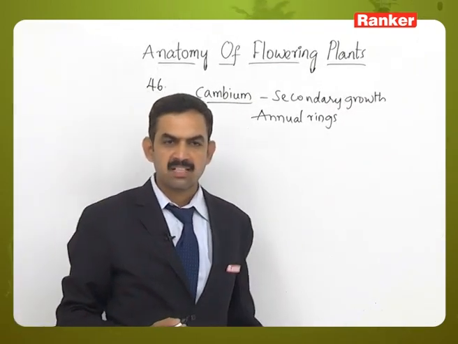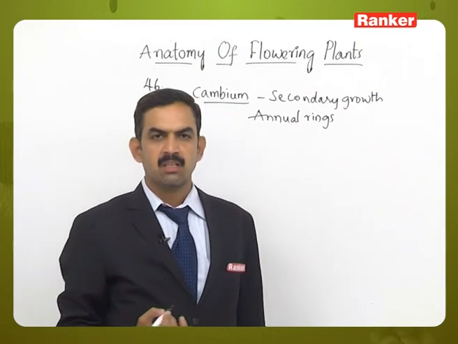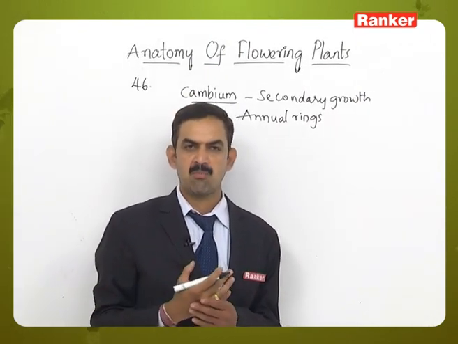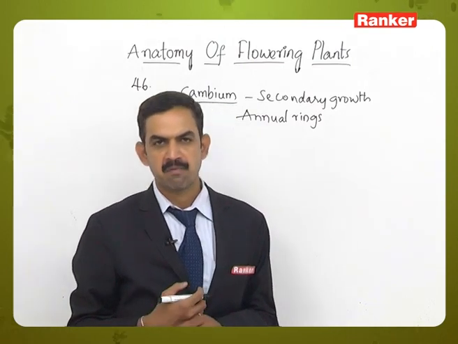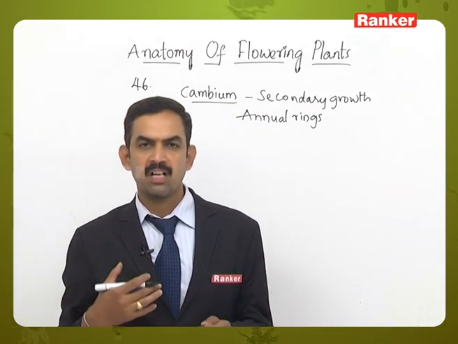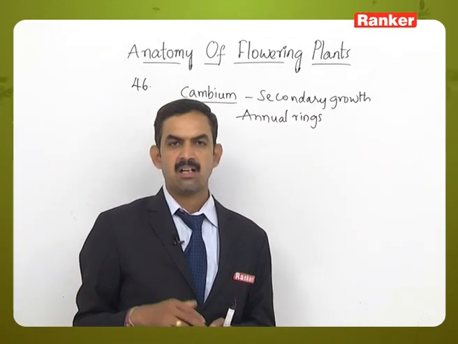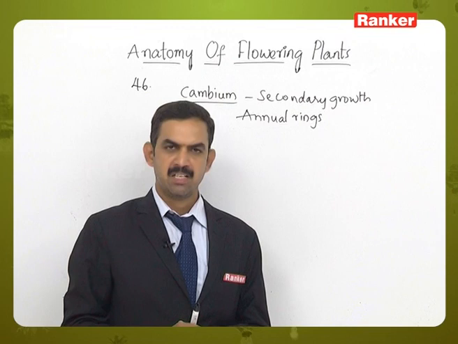One more thing: in different seasons the amount of tissue that is formed will be different in the plants. So depending upon the need of water and minerals, the activity of the cambium will vary.